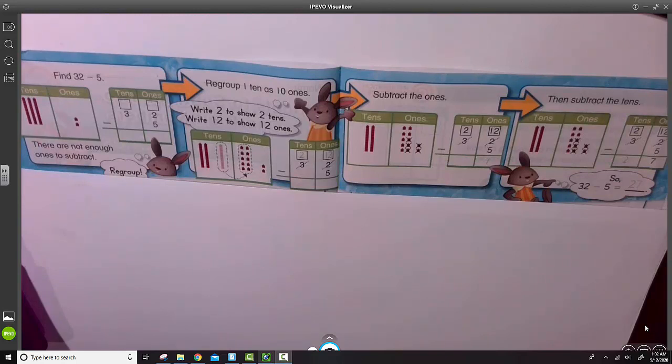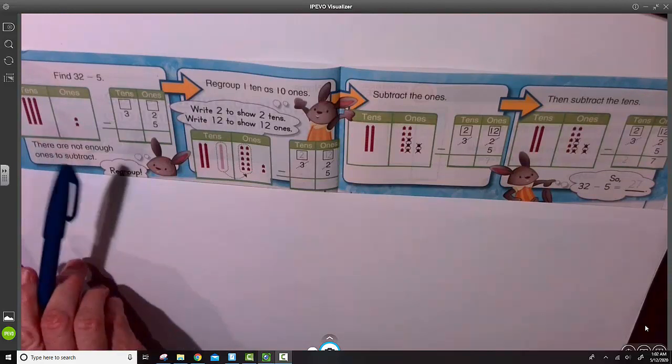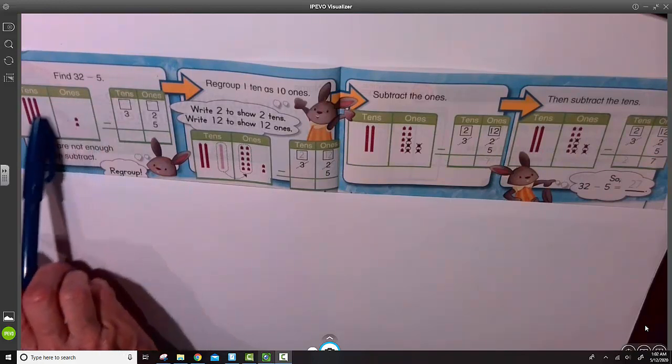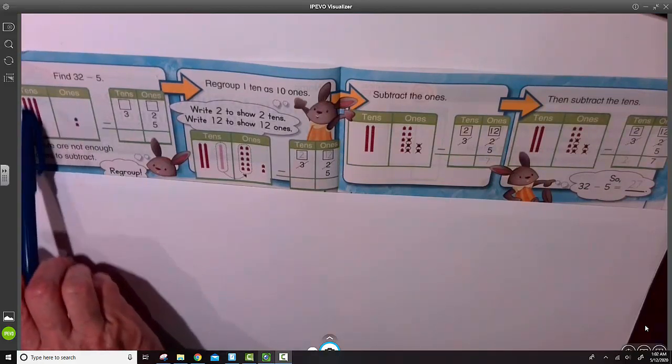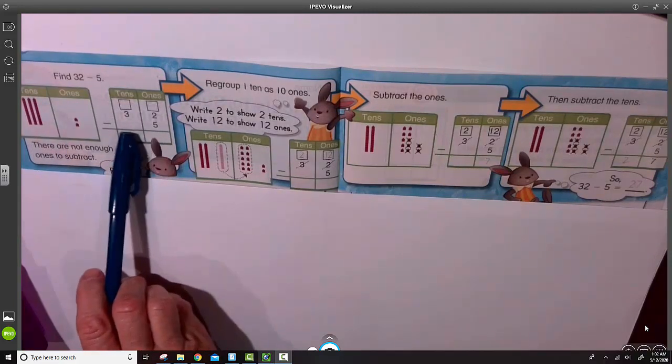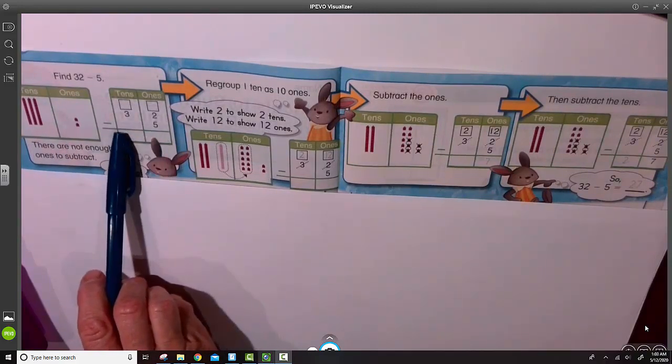Lesson 9-2 builds on that picture concept that we just discussed previously. Our next question is 32 minus 5. You can see the picture representation here. Now we see the algorithm format.